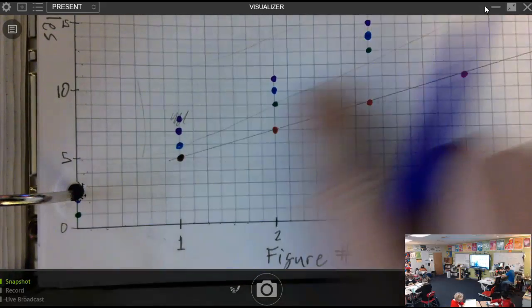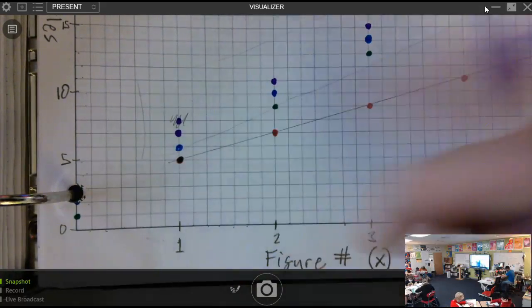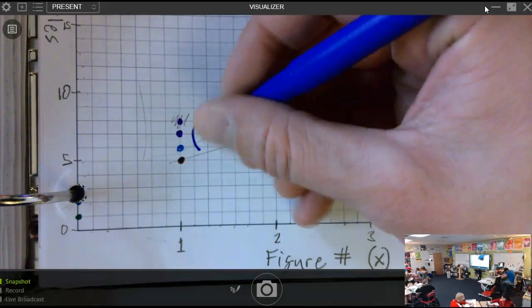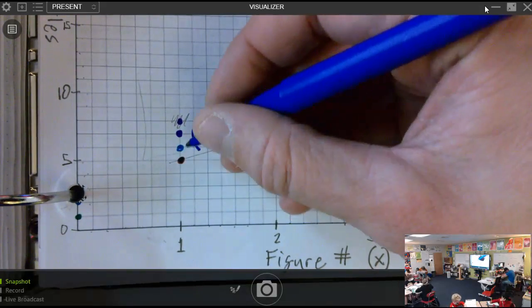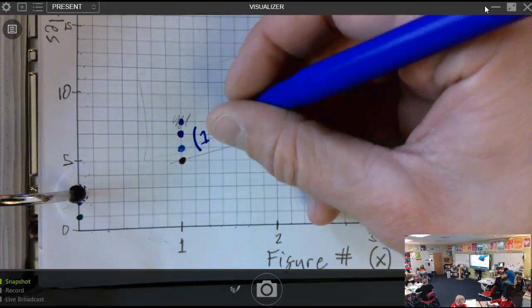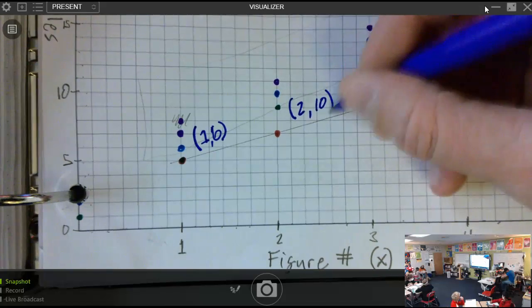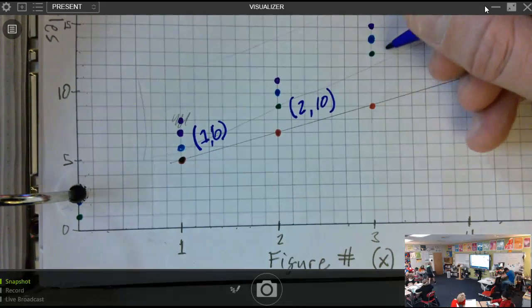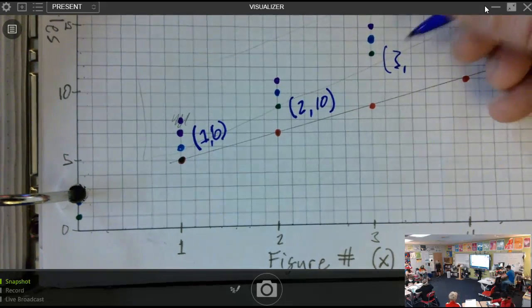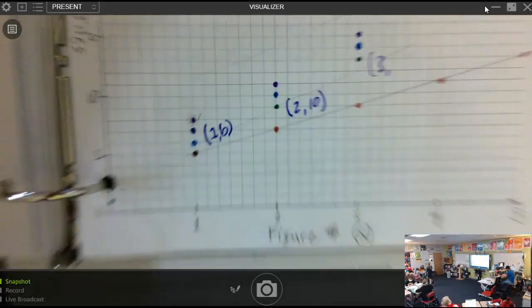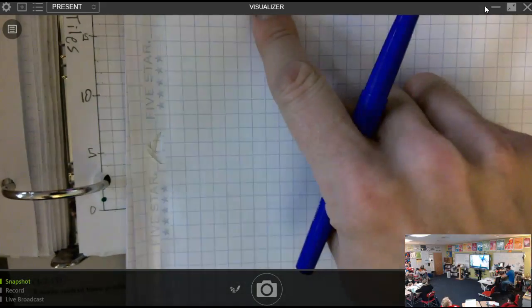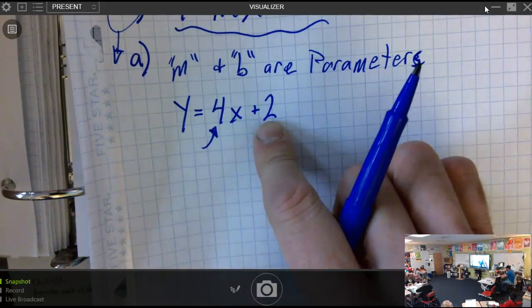The y-intercept we started at does not change, but when my x is 1, my y is 6. When my x is 2, my y is 10. When my x is 3, x and y continue to change. But the 4 and the 2 in my equation do not change.